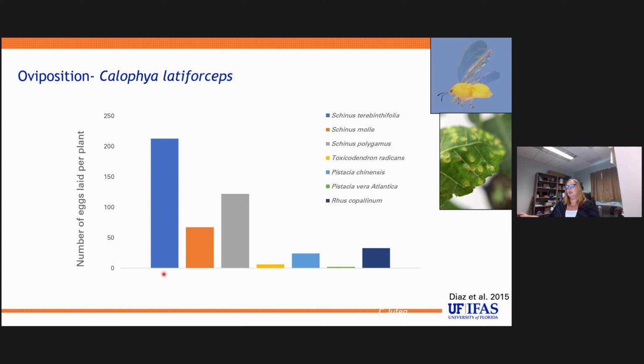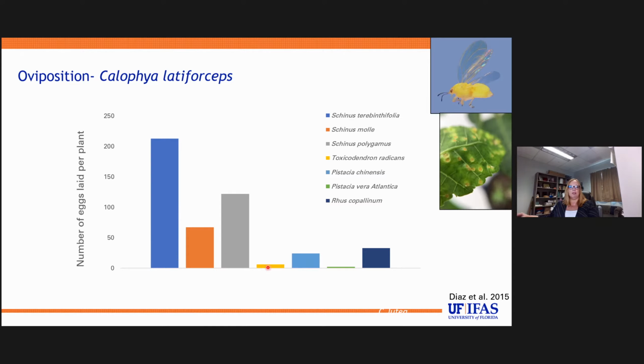So by far the most eggs on those. Here's two species of congeners. So these are not native plants. We don't have any native Schinus in the US, but they do lay eggs on these congeners. And here's a couple other plant species that they laid eggs on, but not nearly as many as on the Brazilian peppertree.